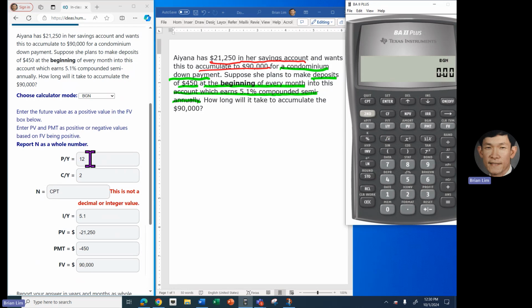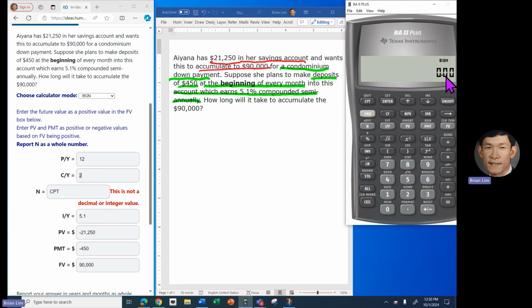So we are ready. Now we will insert the values for PY and CY. So PY is 12, we enter it, 12, enter. And the CY is 2. So we click on 2 and click on enter, and then we can check to make sure PY is 12, CY is 2, and we click on clear, and we're out of the CY part of the calculator.